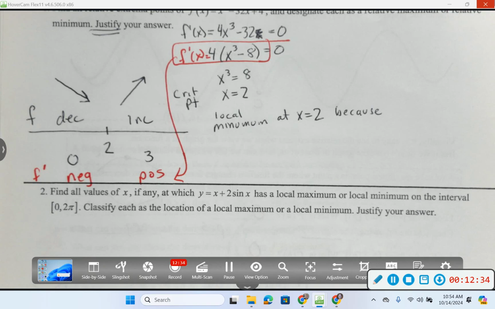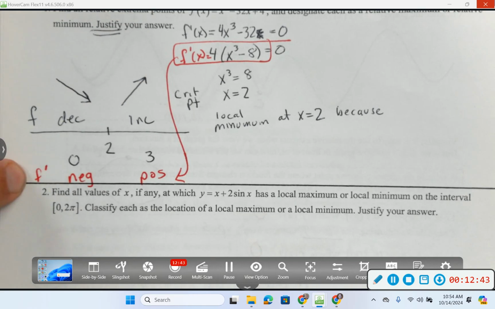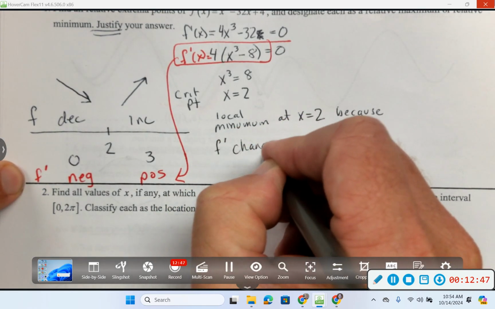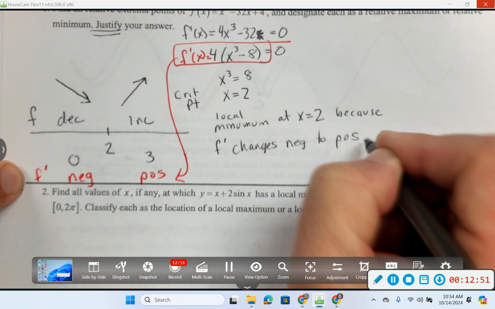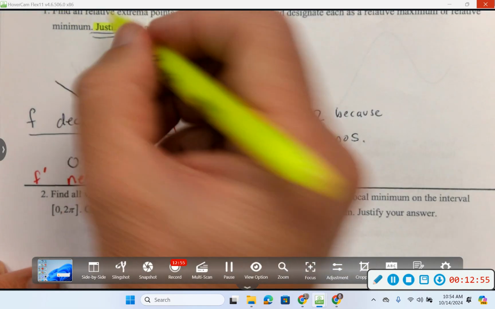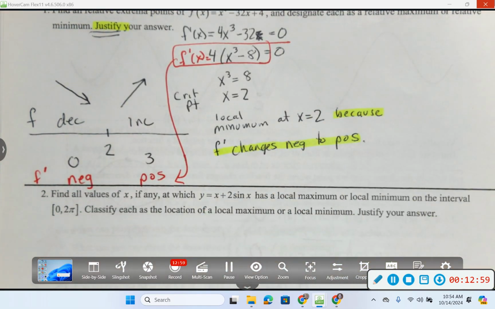And the justify, you always want to use a calculus justification. So it wouldn't be wrong to say f changes from decreasing to increasing. It would be better to say f prime stuff. So f prime changes negative to positive. So there's my justify.